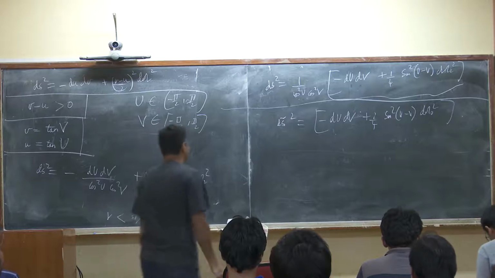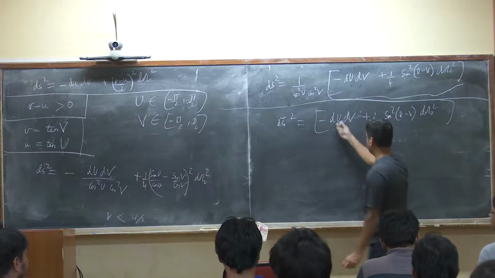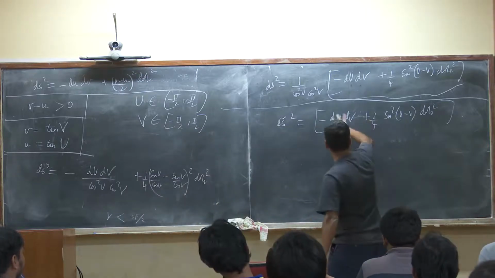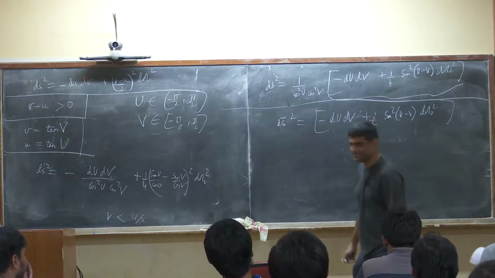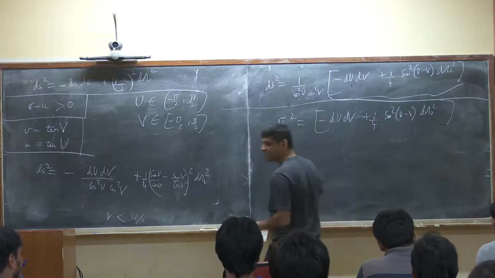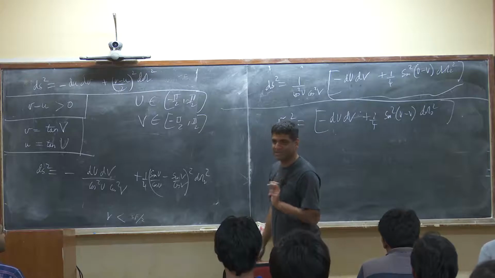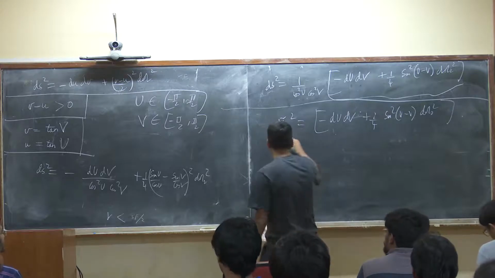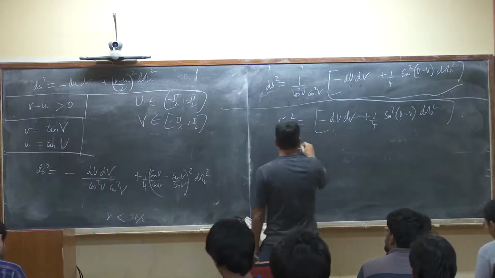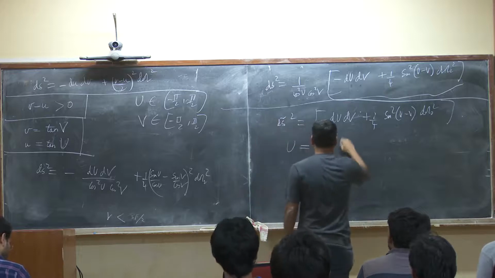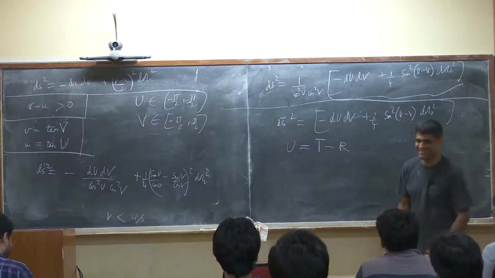So now let's see this. Now that we've got this, you might want to undo this funny UV business. So somebody has to help me. How did I define U? Was it T plus R or T minus R? So now I'll define U is equal to T minus R. Okay?